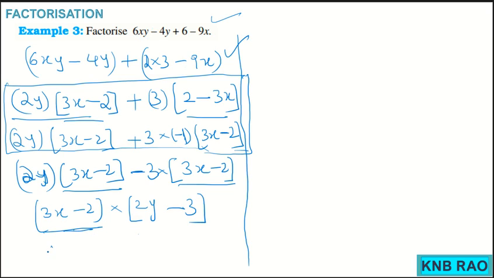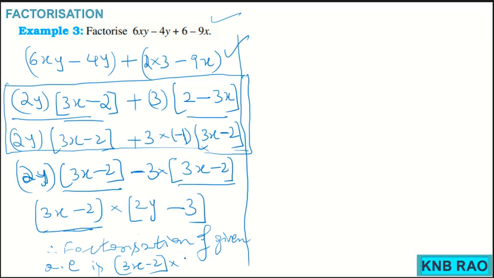Now, the factorization of the given algebraic expression is 3x minus 2, that is this binomial, into 2y minus 3.